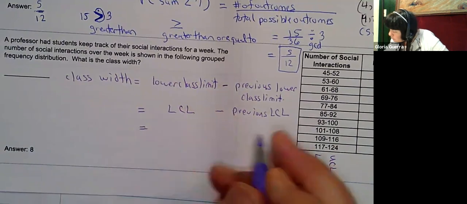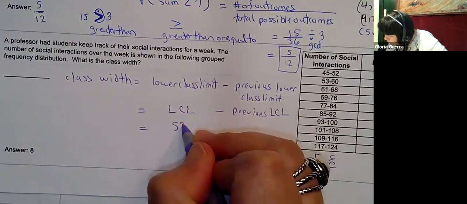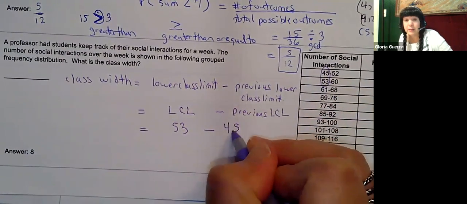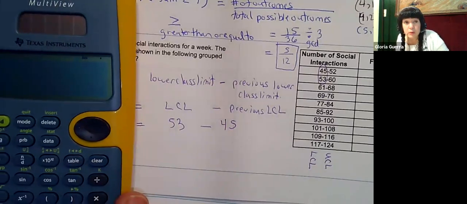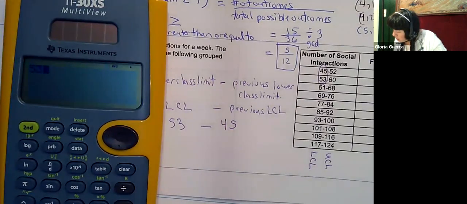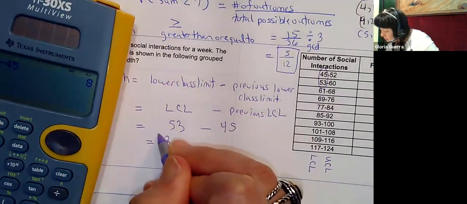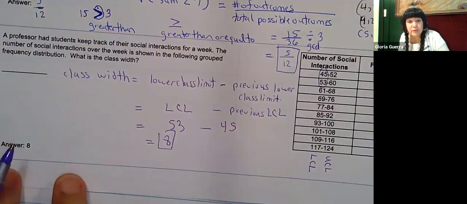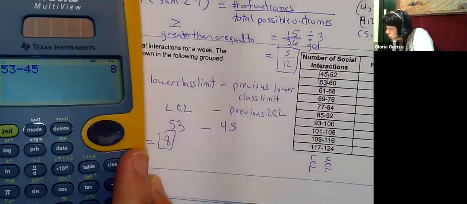So if I look at, for example, 53, it would be 53 minus 45, see? So if I do that, 53 minus 45, it gives me 8, okay? Let me see, that's what they have there, okay? And you can check, you could do any pair.